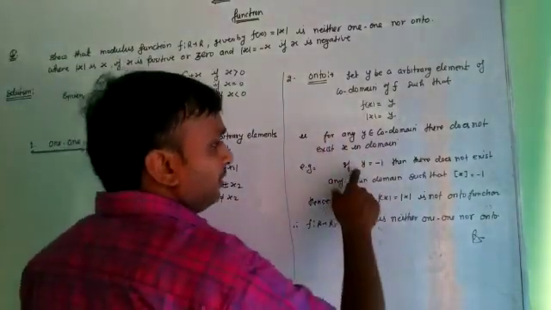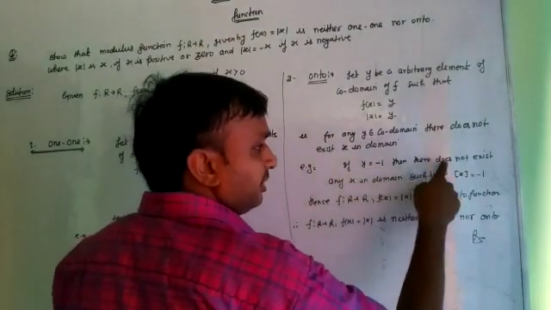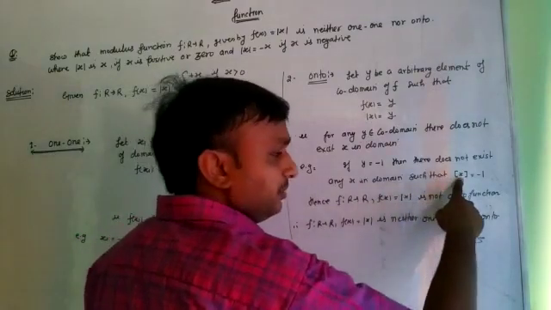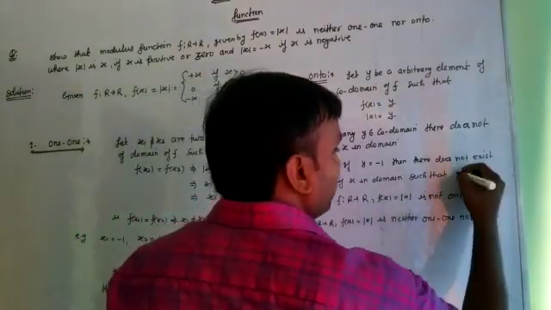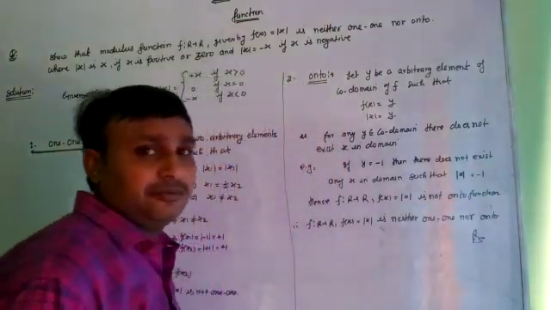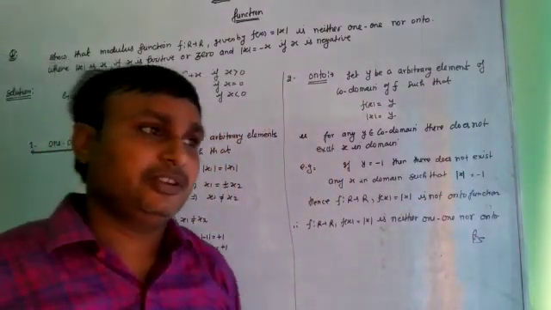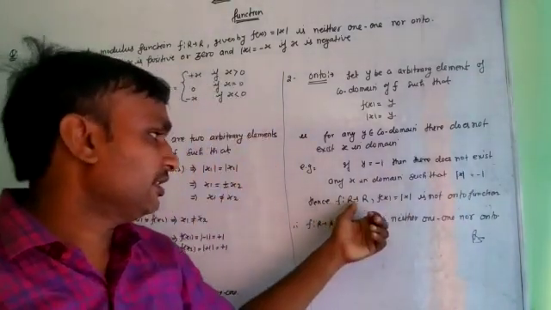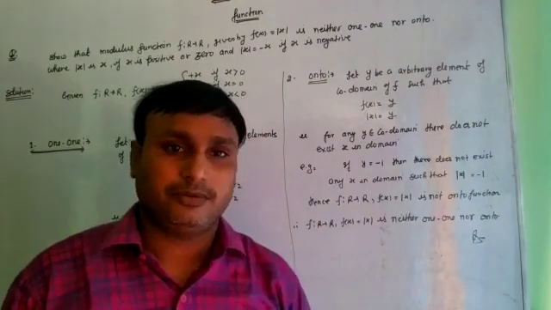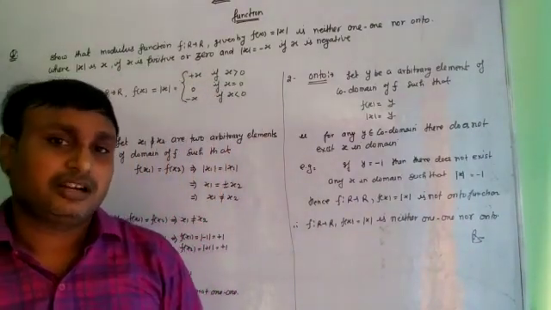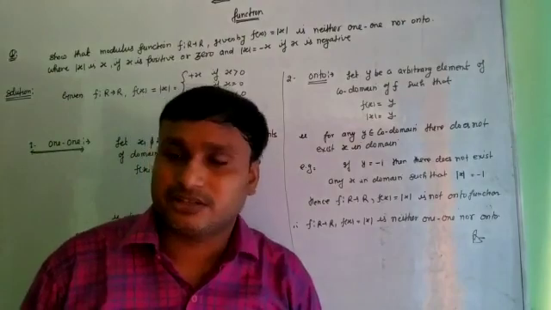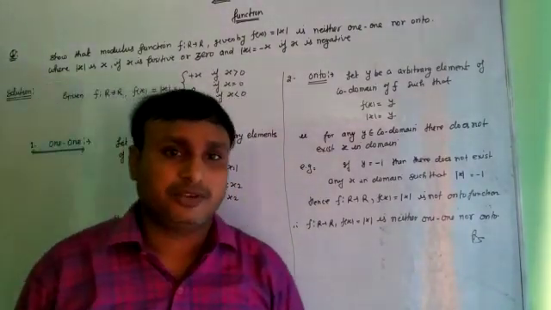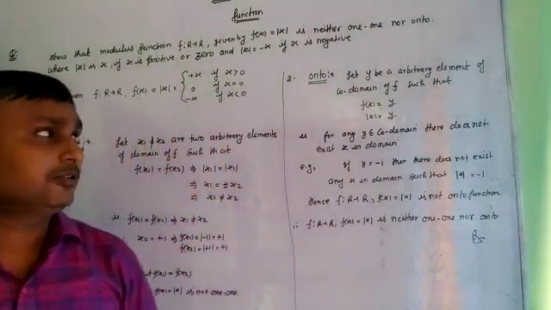For example, if y = minus 1, then there does not exist any x in the domain such that |x| = minus 1, since the modulus of x always has a non-negative value. Hence, f defined from R to R by f(x) = |x| is not onto function. Therefore, function f defined from R to R given by f(x) = |x| is neither one-one nor onto function.